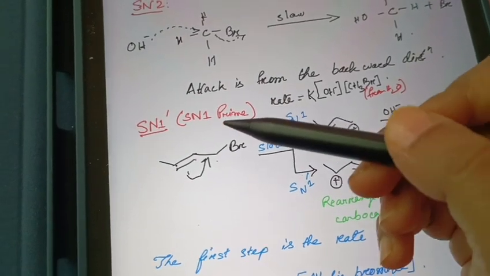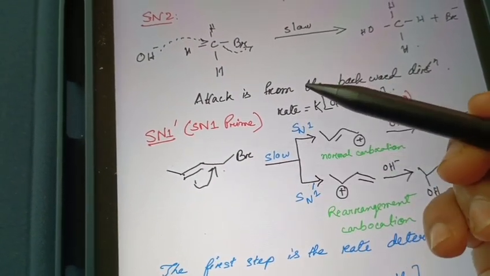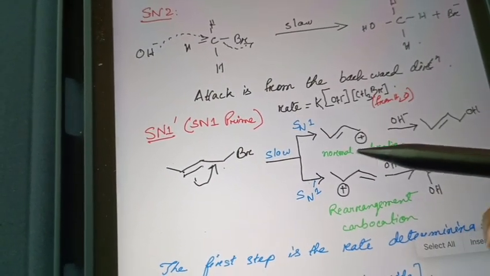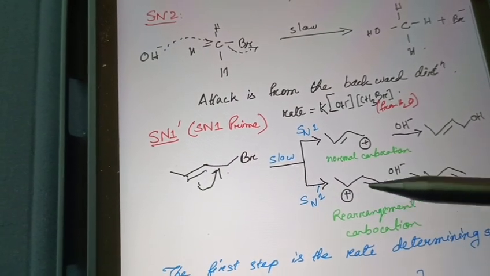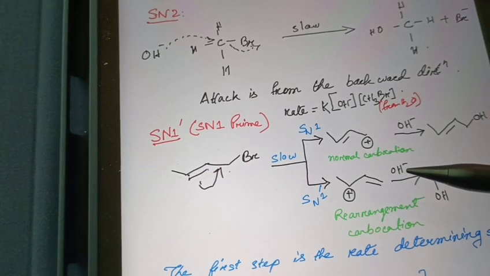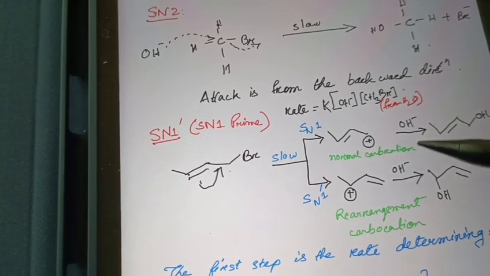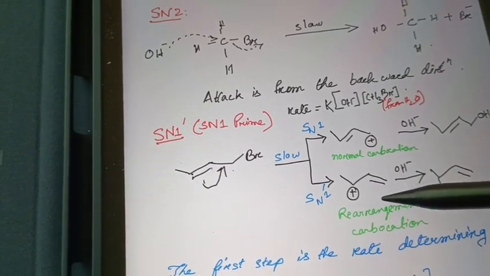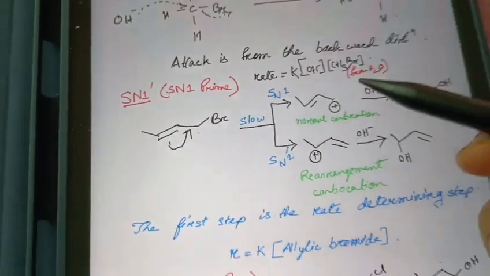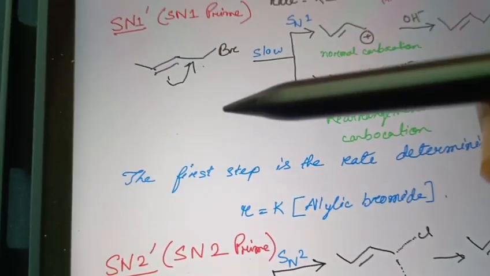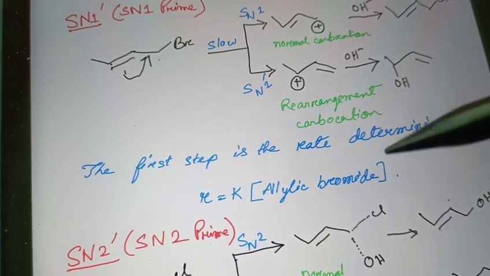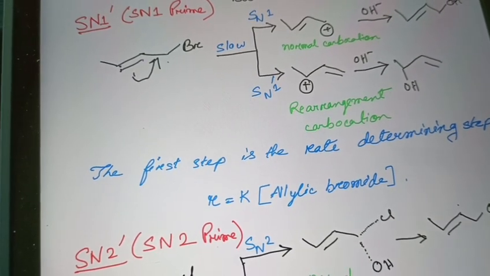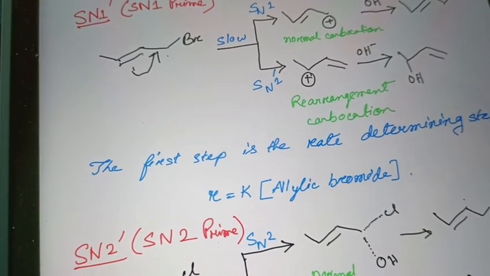The main difference between SN1 prime and SN1 is that in SN1 no rearrangement takes place, but in SN1 prime rearrangement takes place, and then the nucleophile will be attacking the electron deficient carbon atom. Like SN1, this is also a first order reaction, where the first step is the rate determining step and the order of the reaction is 1.